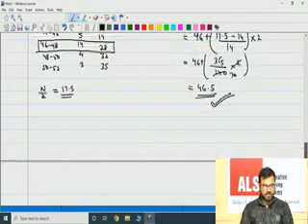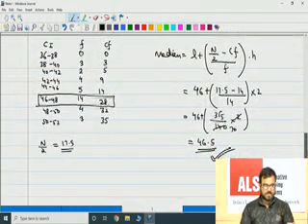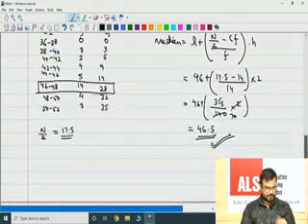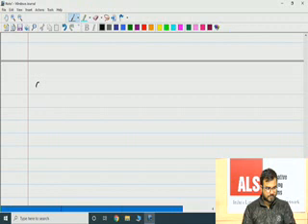So, we have drawn till here. Let us write it again. 36 to 38, the class interval is given. So, 36 to 38.